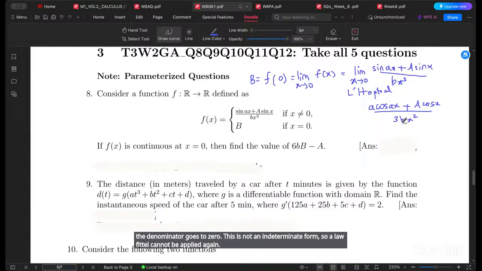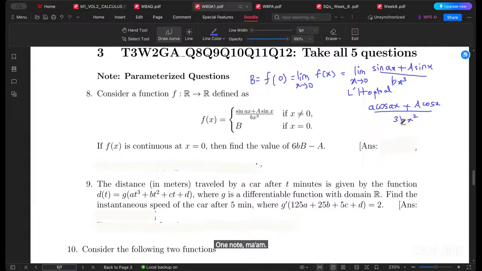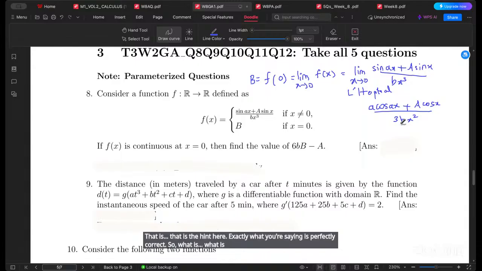Ma'am, one doubt. If any number is divided by 0, we consider it as infinity, right? That is the hint here. Exactly what you are saying is perfectly correct. So what is the concept behind what you are telling?